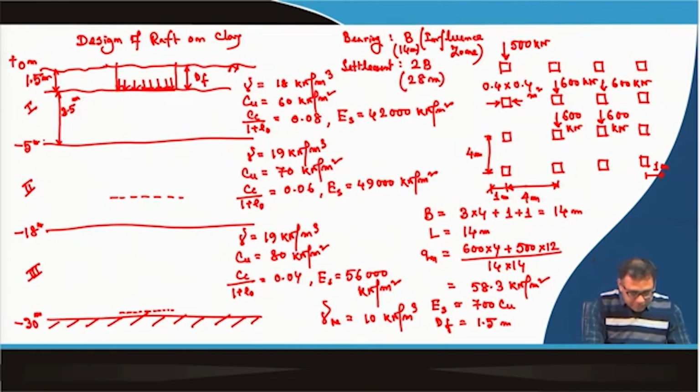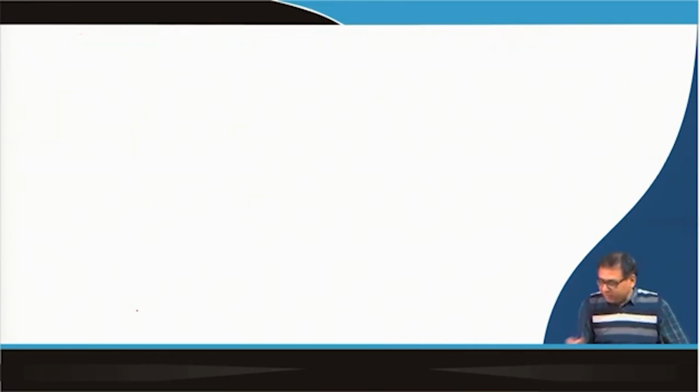That will be just close to the end of the third layer, so up to 29.5 meter from the surface. We have taken the weighted average, because the variation is not that significant for the Cu value, the strength parameter, and now we will do the settlement calculation.